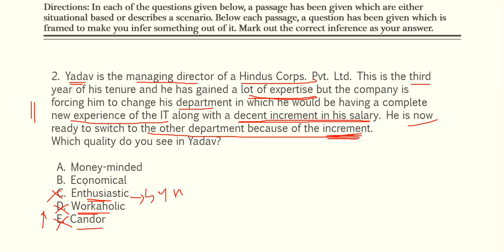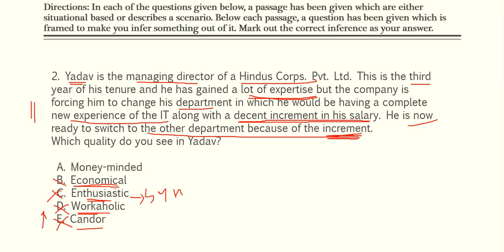Okay. Now, what is the meaning of economical? Just now in the previous question, I had mentioned that Priya is being economical, right? She may be facing financial issues. An economical person, economical is an adjective, refers to a person who is careful not to waste money or resources.